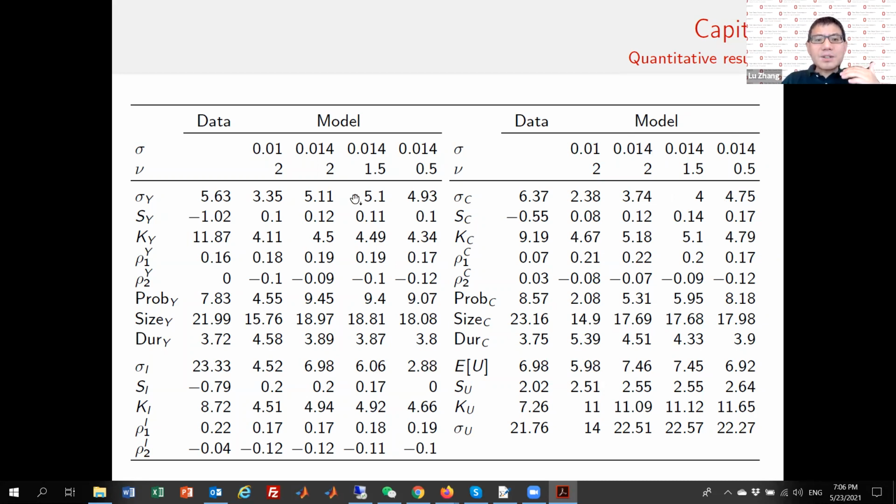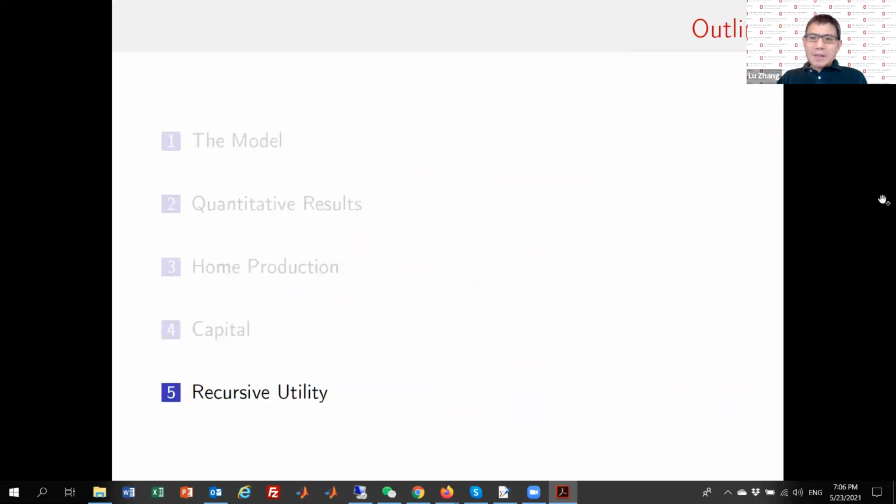Okay, even though, as you can see, output volatility is relatively unaffected, right? Only 5.1% drops slightly to 4.9%. So the adjustment cost basically redistributes volatility from investment growth to consumption growth, while leaving output growth largely unaffected. And that's the impact of the adjustment cost parameter.